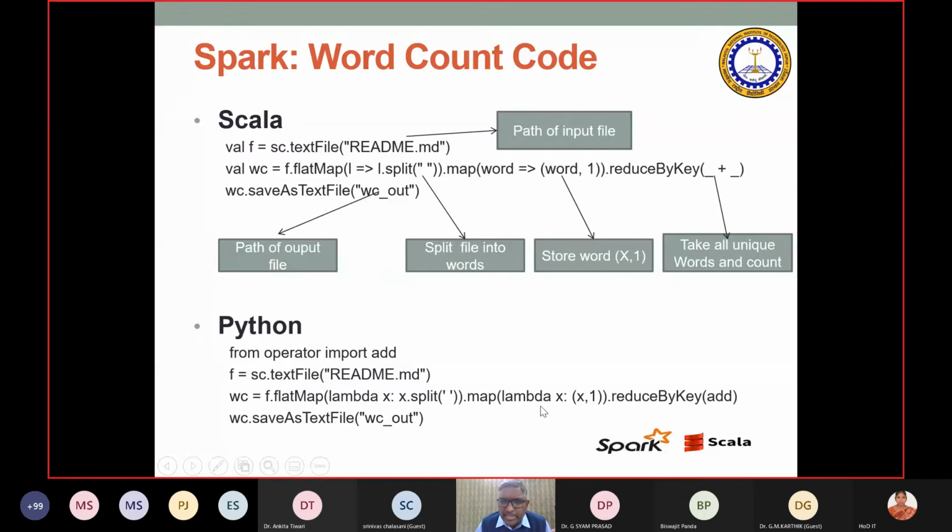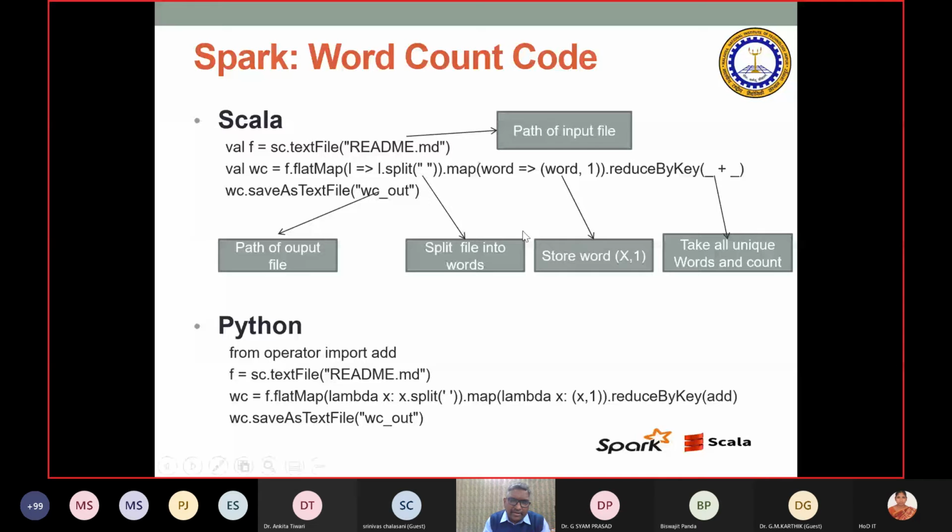You create tokens and separate them, and then you send them to a map function where it generates the keyword and one, and then reduce by the keyword and add it. So finally you get the result and store it. So you get the word count output. This is a very simple program in Python, and very easily you could do it.